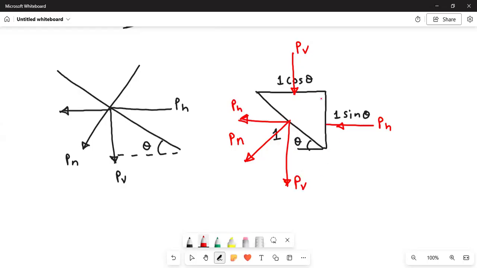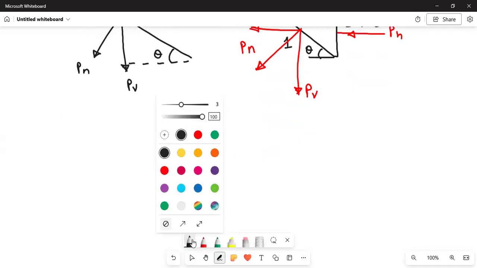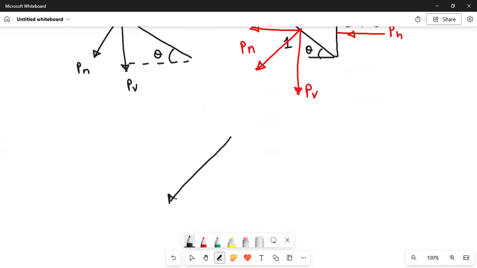So you have to multiply with respect to the length, whatever length they have, Pn into 1. PH into 1 sin theta and PV into 1 cos theta. So what you are getting here, you see, this is your inclined Pn, vertical is PV cos theta.